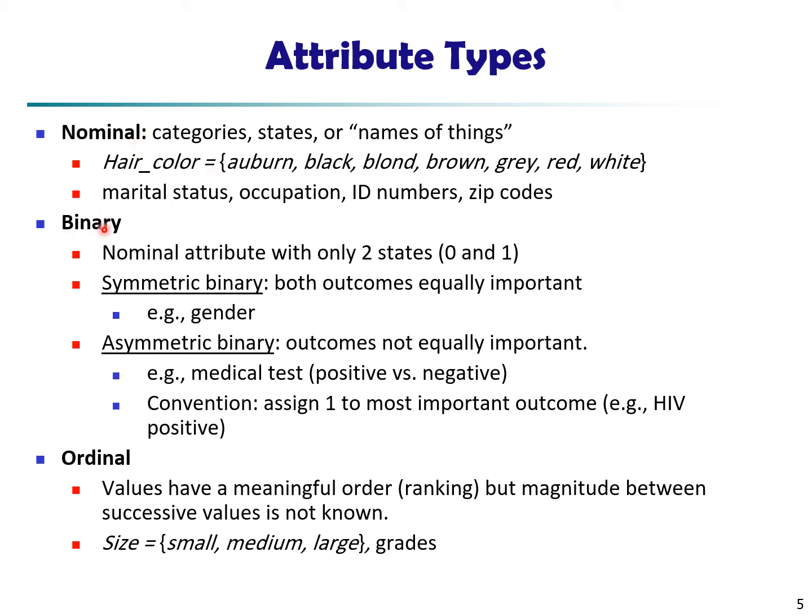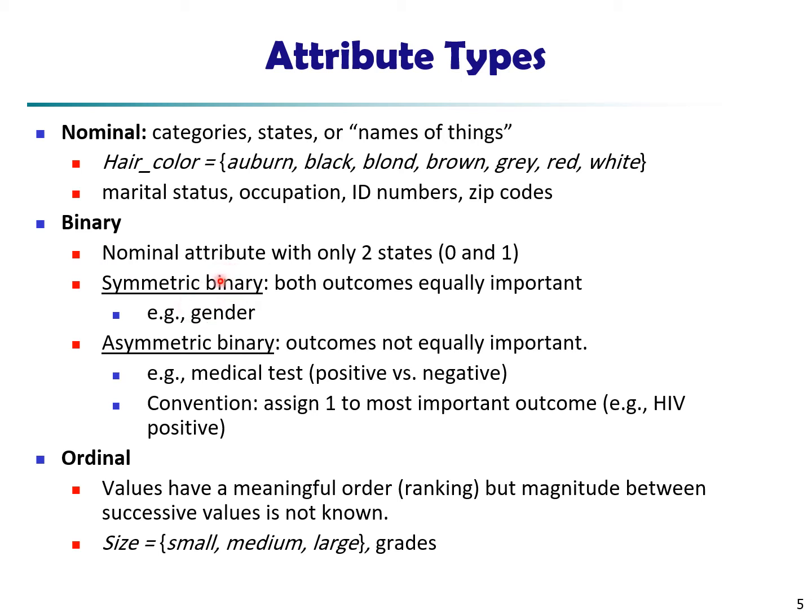The second type is binary, and the word binary usually means either or. Okay, so when we say a binary attribute type, we're talking about two states. It's either 0 or 1.